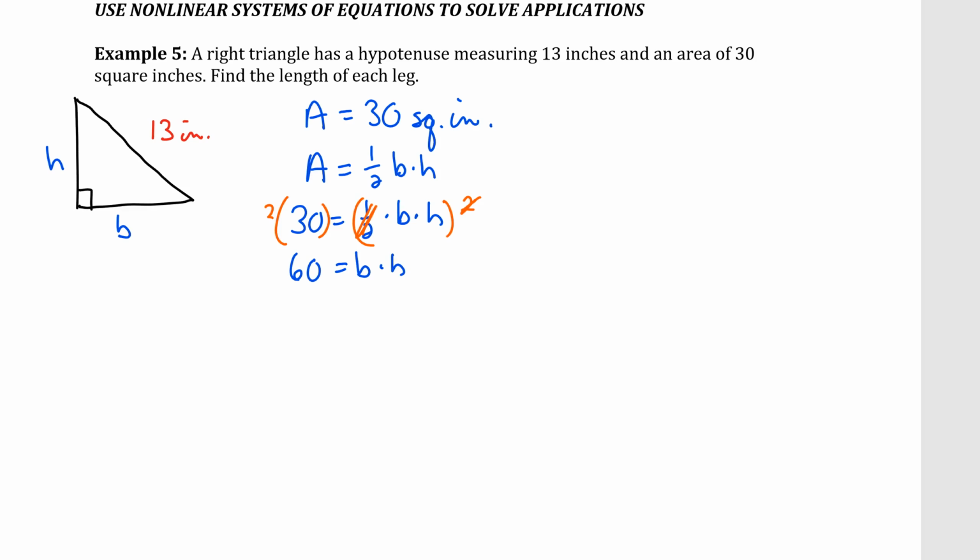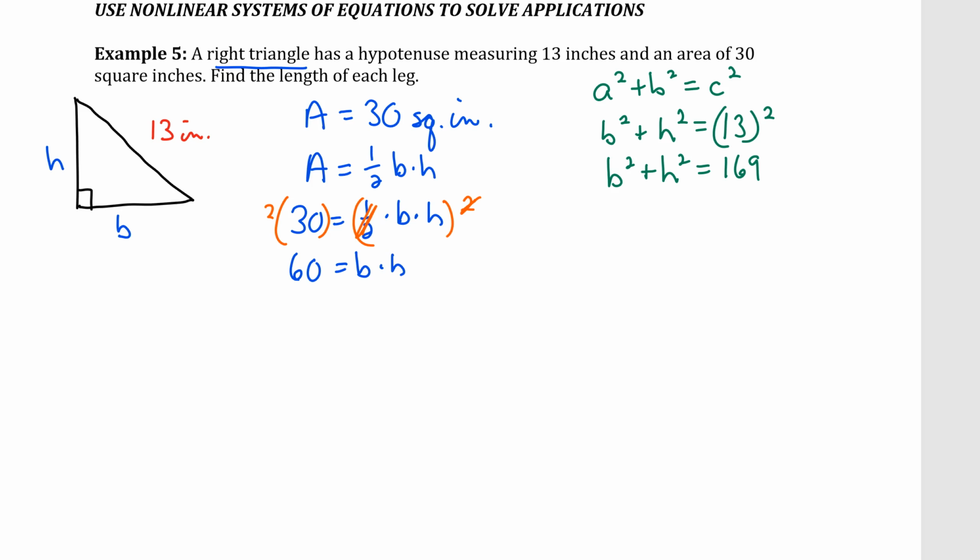Now that still doesn't tell me what to do with this 13 inches, but remember a right triangle, the sides, a squared plus b squared equals c squared. Hypotenuse is over here, so I know that this is 13 squared. My a is just going to be my base. My b is going to be my height. So I have base squared plus the height squared is equal to 13 squared. So base squared plus height squared is equal to 169.